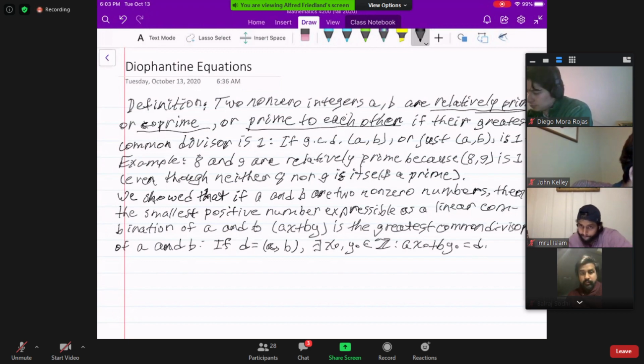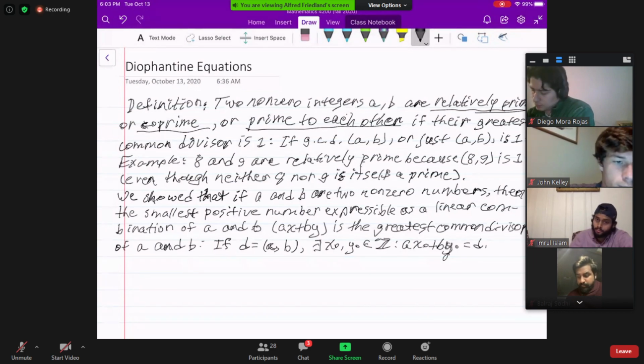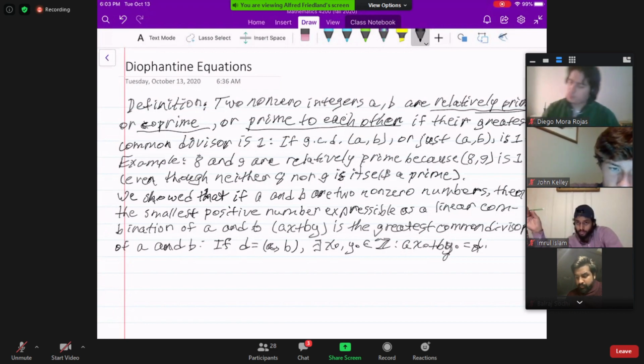So this does two things. It shows us that the greatest common divisor of two non-zero integers A and B always exists. And it tells us the form. It tells us what it looks like. It tells us how it can be written. So we showed that last Thursday.